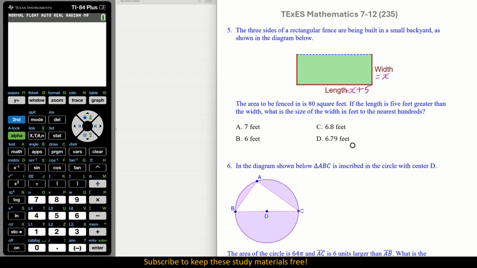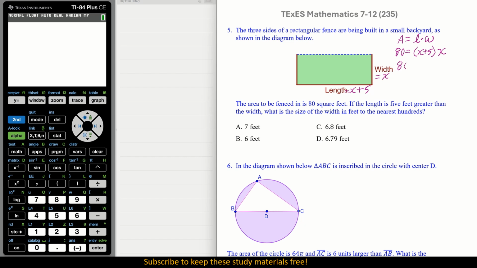Okay, and we are saying that we have area. Well, we know that the area of a rectangle is length times width. Well, we know our area. Our area is 80 feet. Our length is going to be x plus 5, and that will be times our width x.